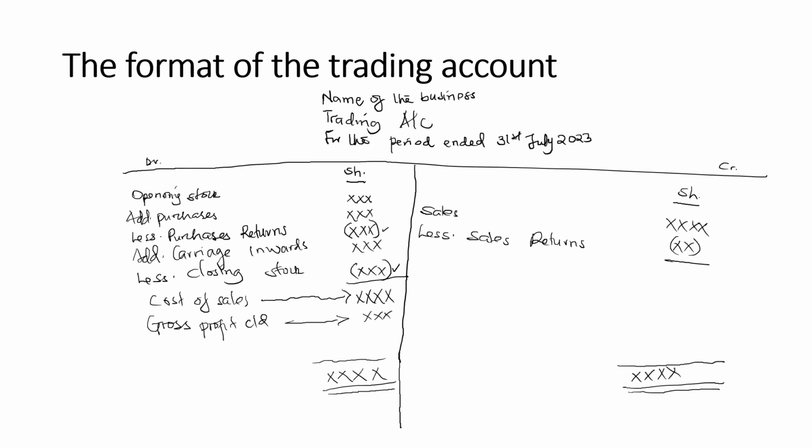You need to come and write the gross profit on the credit side below the totals. Gross profit brought down, how much? Maybe that. And this gross profit brought down, we are carrying it to the profit and loss account. Now this is basically how a trading account looks, the format, and all this we discussed.